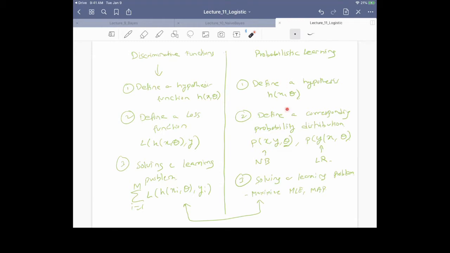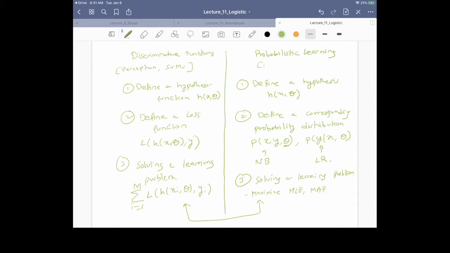In probabilistic learning, we are approaching this from a probabilistic modeling perspective, whereas in discriminative functions, we are approaching this from a loss function perspective directly. Examples of the latter are perceptron and SVMs.